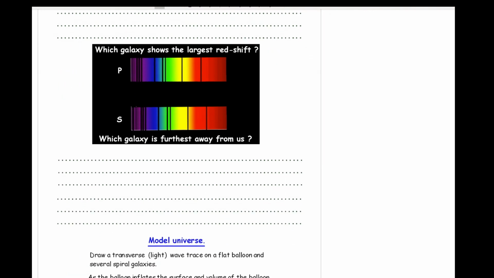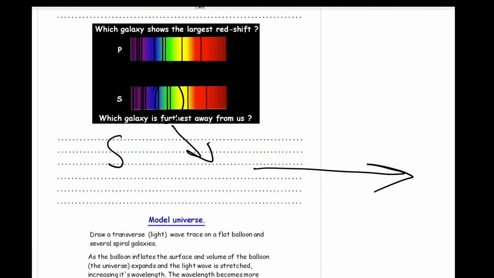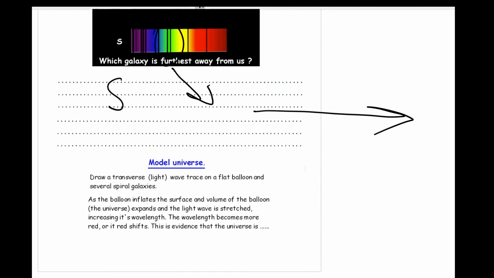Which galaxy here shows the largest redshift? It's Galaxy S. How can you tell that? Well, look at this double line here. It's further towards the red end of the spectrum. So that galaxy is further away from us because it's moving at an apparently higher speed and its wavelengths have increased.